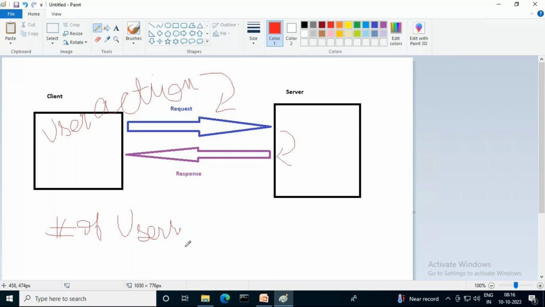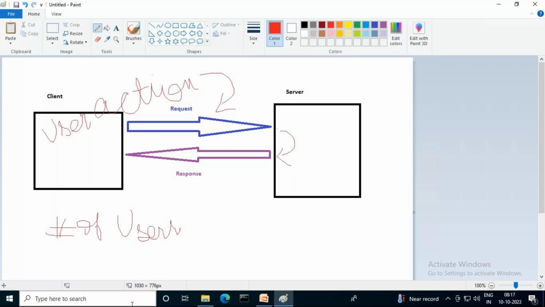Now when the server is processing those requests, transactions are happening. Are you getting me? So definitely when one user is using the application, the number of requests going to the server will be less as compared to 20 users using the application. Okay, so number of users is directly proportional to TPS.